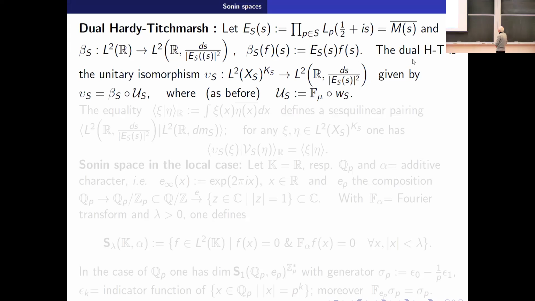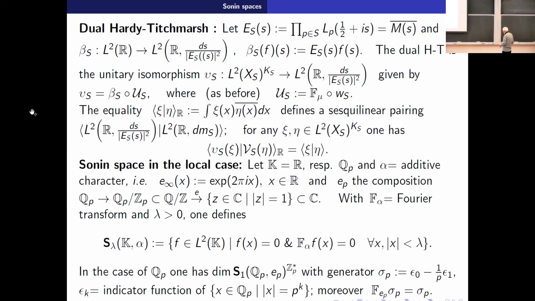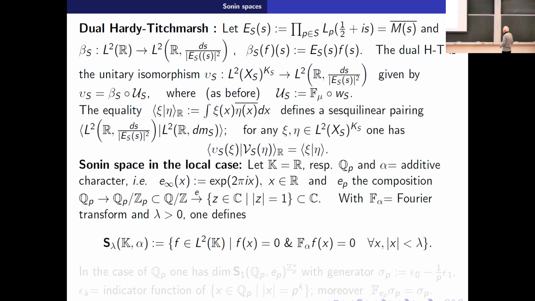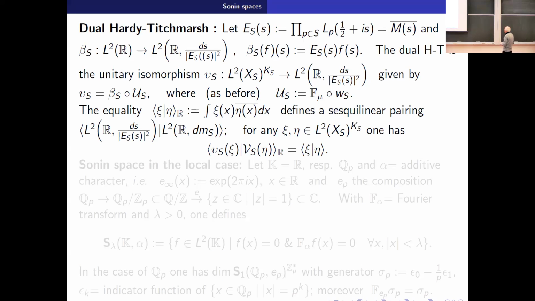So the dual Hardy-Titchmarsh, by definition, is the isomorphism which you get in this way, namely composing US, which was defined before, with multiplying it by a factor. So all these transforms come in these two pieces. One is just the multiplication, and the other one is the series one.